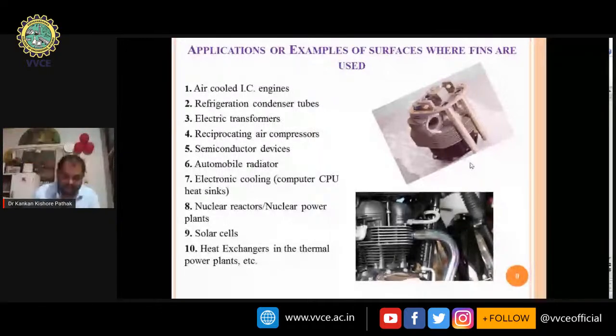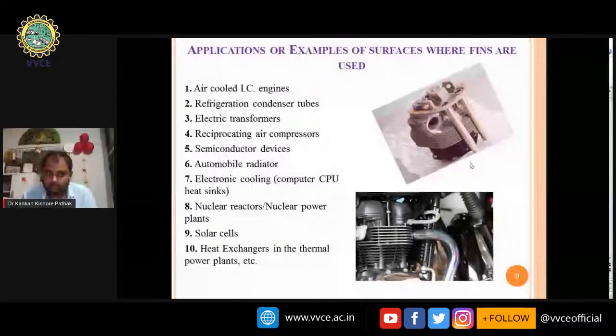It is highly essential to find a better approach to transport heat from the heat exchanger more effectively, which motivates the researchers to look for a better solution. And fins are used to serve such purposes. Now, air-cooled IC engines are some kind of the applications.